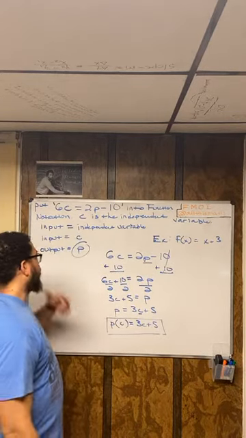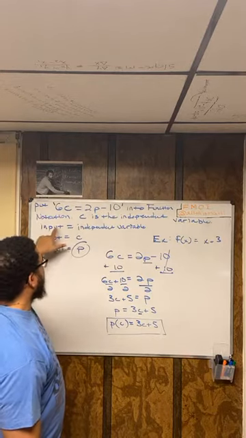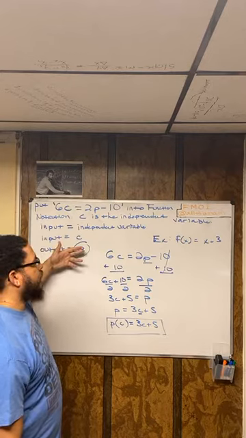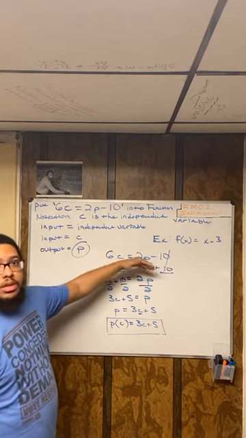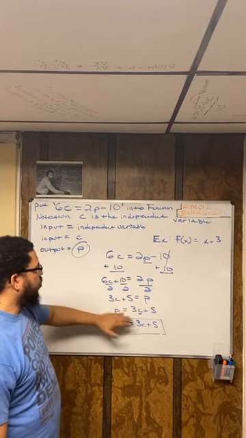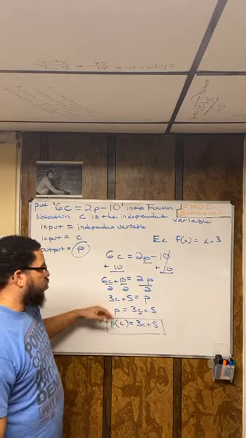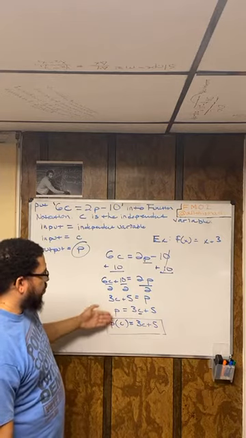All right, now let's just recap. First, read the problem and identify what the input is. The input is c. Then from there, you identify what the output is. Then you go back to the equation and solve for the output. So we solve for p, and then once we get p, we switch it up because p is the dependent variable, or the output. We rewrite it, right? And you need to have the name of a function.